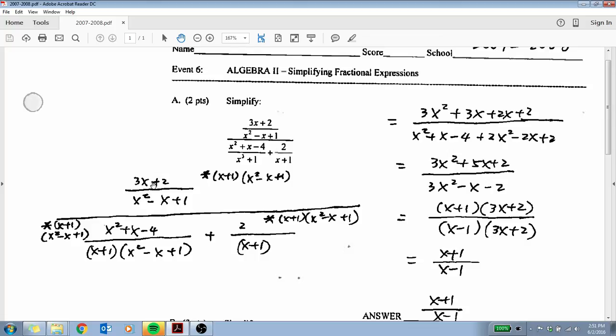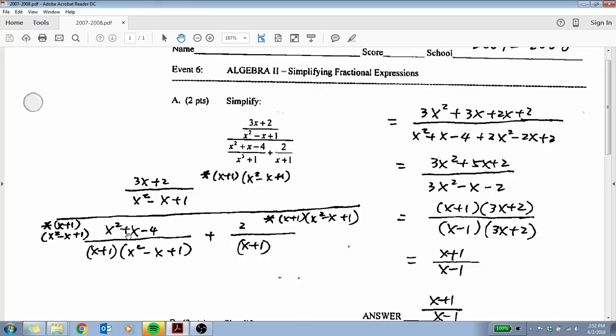So I'm left with 3x plus 2 times x plus 1. I FOIL that, and I'm going to be left with what we see over here: 3x squared plus 3x plus 2x plus 2. For the denominator, I'm also going to multiply each term by that least common denominator. This first term here would cancel entirely with the denominator of this fraction.